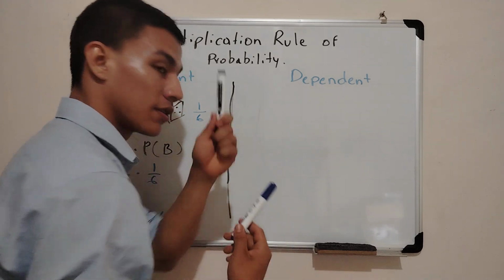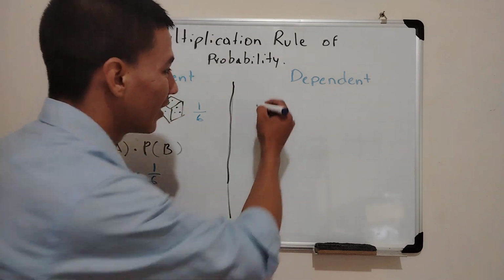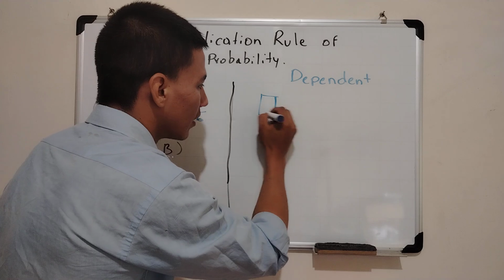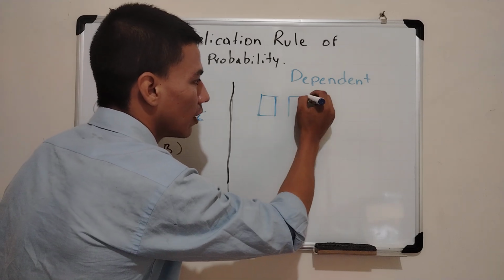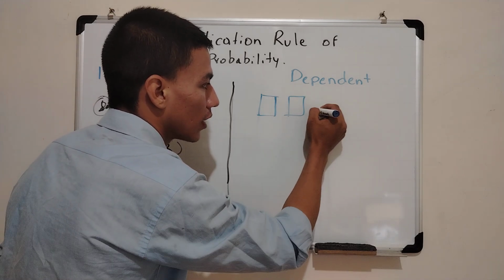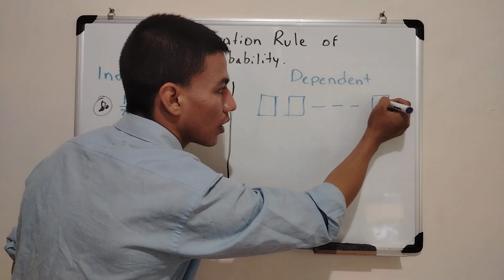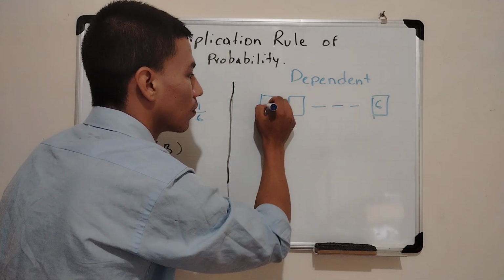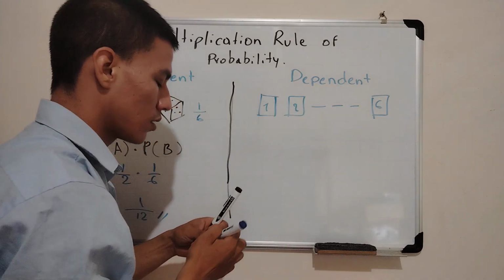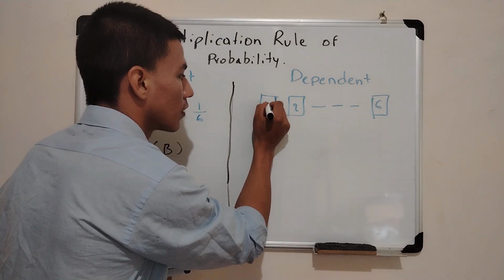Let's say that we have cards, from 1 to 6.